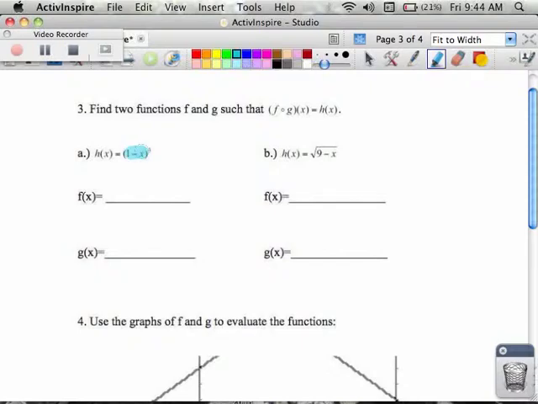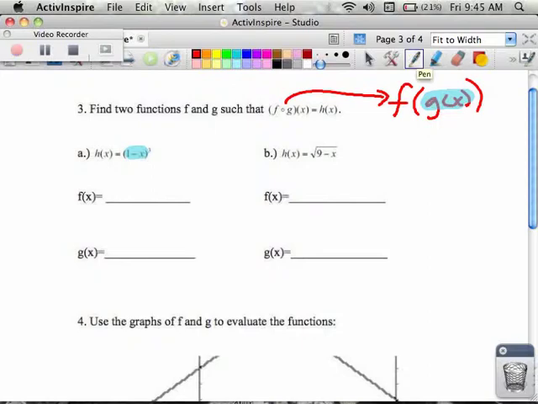See the 1 minus x on the inside? So we talked about earlier that this f circle g is really like f of g of x, because whatever came second is on the inside. So the g function is the inside.